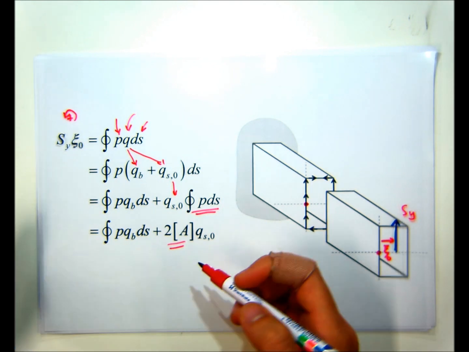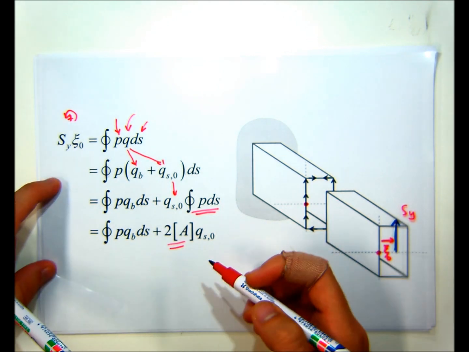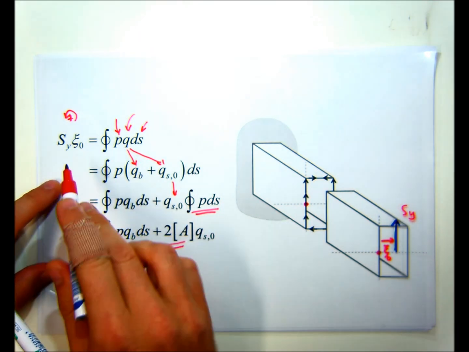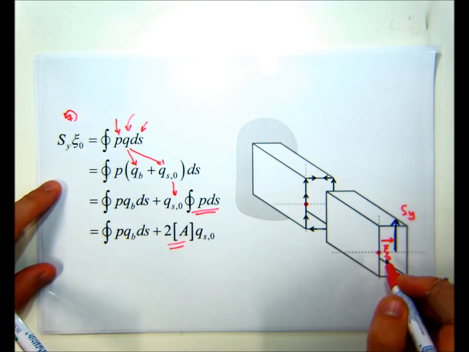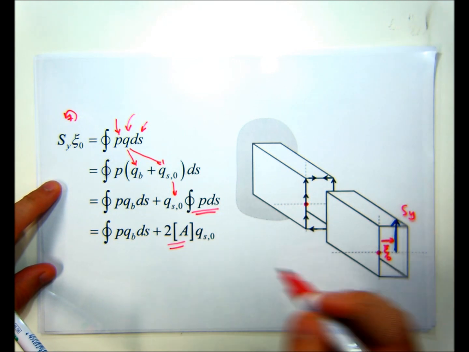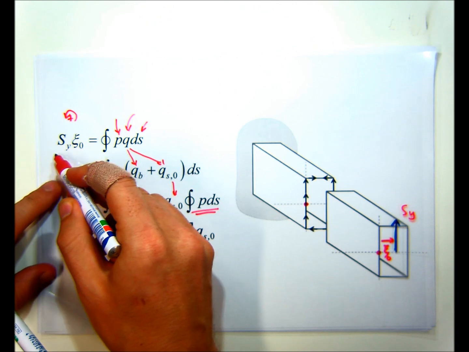So at the end, once we've equilibrated moments, if we take the moments about the point in line with the shear force as our reference point, then this can go to 0.